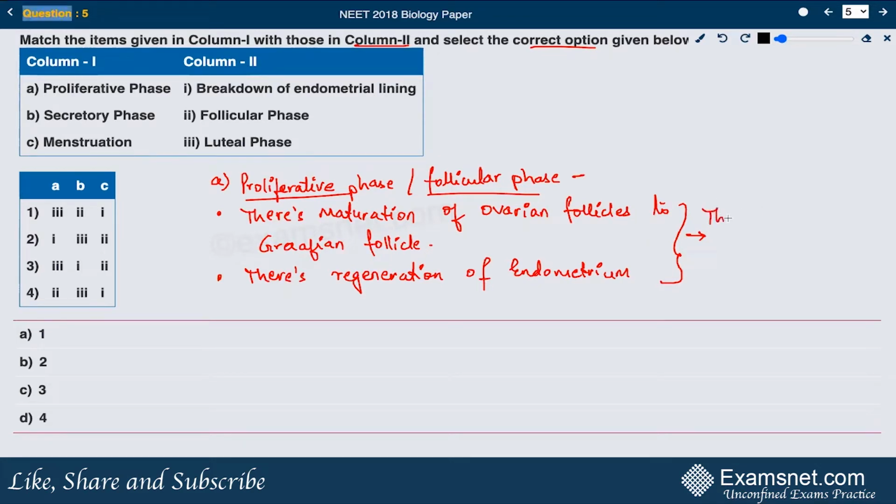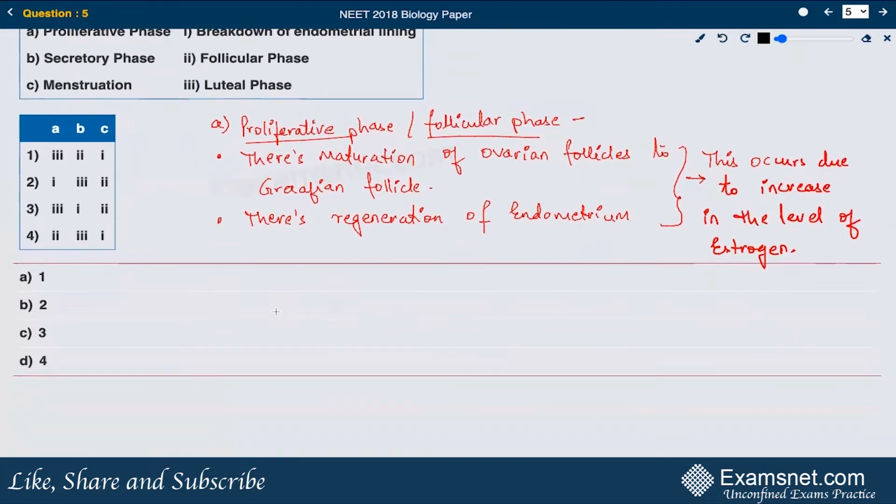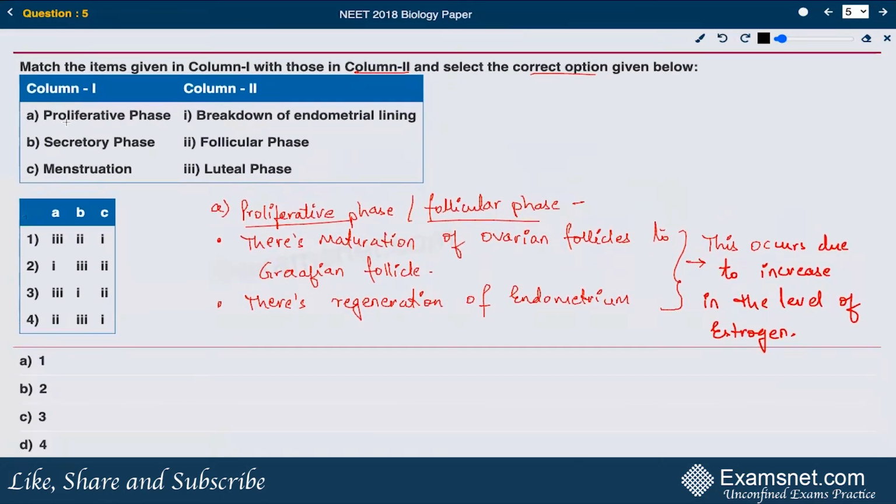So this occurs due to increase in the level of estrogen, specifically the estrogen hormone. All right, so that is the case. Now, we can say that proliferative phase is matchable to option 2 over here.